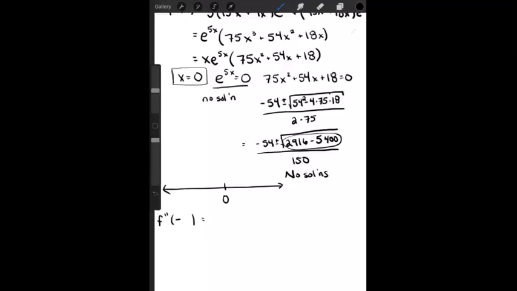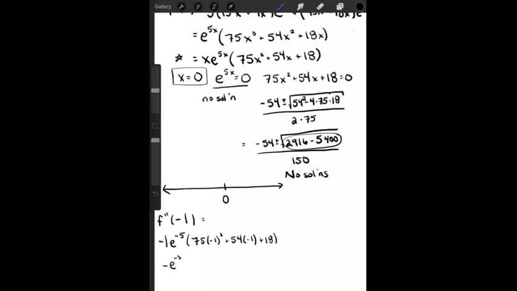I'm going to choose -1 just to get us rolling. So I plug that in up here and get -1 e to the -5, 75 times -1 squared, plus 54 times -1, plus 18.